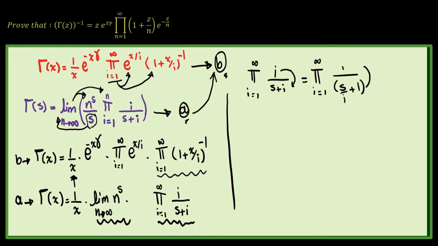Take this part and put it in the numerator as a bracket raised to minus 1. So 1 plus s over i, and this is exactly what we want to reach. The last part corresponds to this part and this part together, which correspond to this part in A.